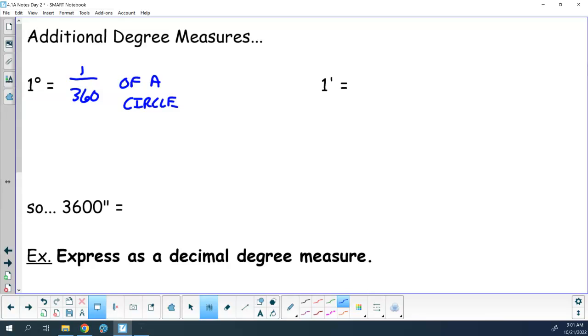So 1 degree is 1/360th of that. 1 minute is 1/60th of a degree.